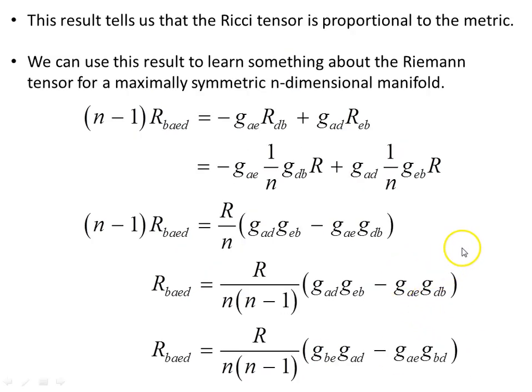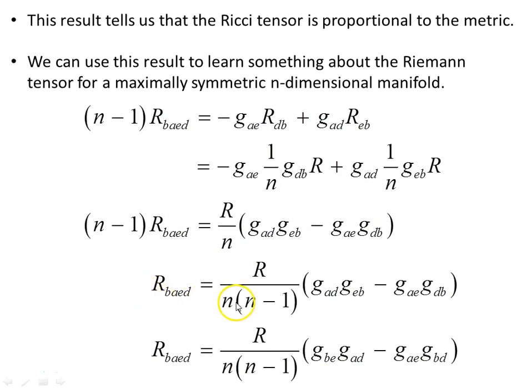Okay, so this result tells us that the Ricci tensor is proportional to the metric, and we can use this result to learn something about the Riemann tensor for a maximally symmetric n-dimensional manifold. Starting again, let's go back to this result from earlier. Where the R d b is, we're going to use the result from the bottom of the last slide and substitute in 1 on n, g d b times R. And over here, R e b is 1 on n, g e b, R. Then we factor out the common 1 over n times the curvature scalar, and put the rest in parentheses, with the negative terms on the right, positive terms on the left, all equal to this.